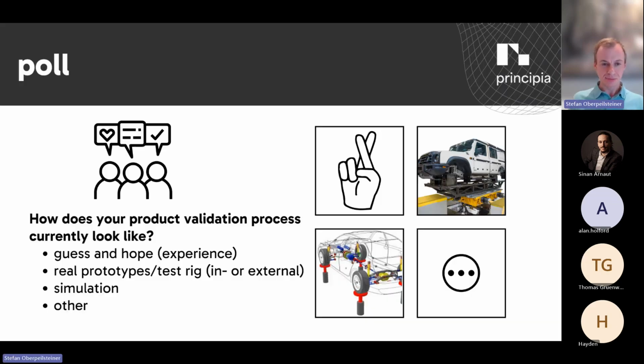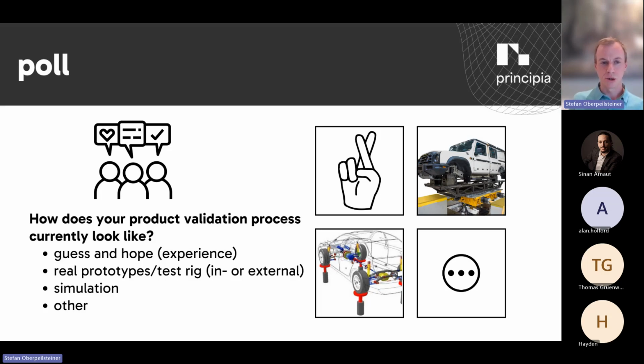Good. And now I'd directly ask you to answer a question. I've got a poll, and I just started it. Let me see how we can manage this. You should now see the poll in your chat. It's all about, how does your product validation process currently look in your company or where you're working?